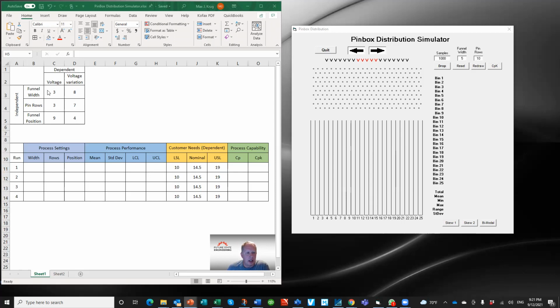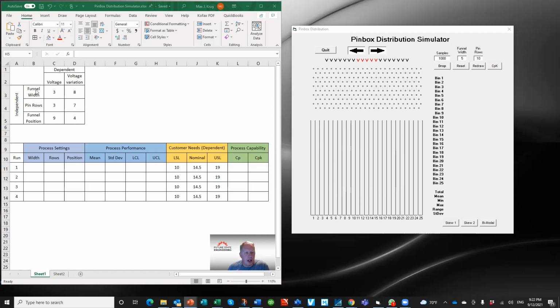So I said, okay, first thing is the funnel width. What's the relationship of that funnel width to the voltage of where the part's going to fall when I produce it? My funnel width is how wide it is here, and what effect does that have on the voltage? I'm saying the relationship of that is about a 3 on a scale of 1 to 10.